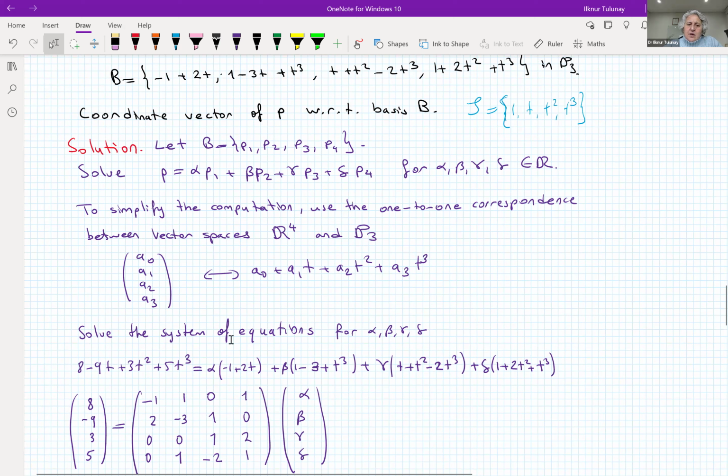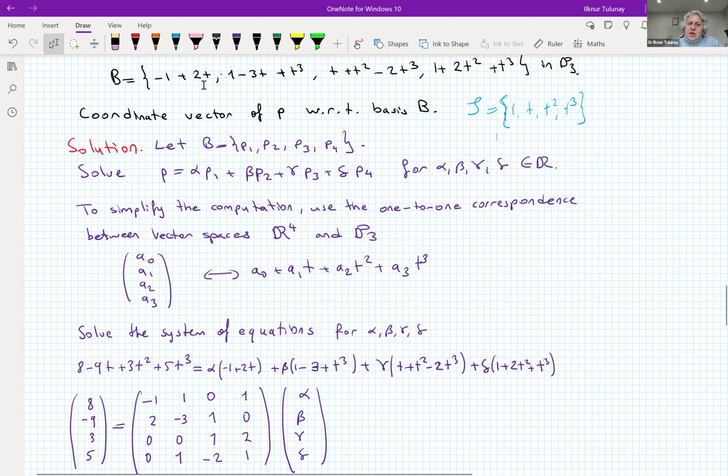Here, this polynomial will be 0, then the coefficient of t squared, and the coefficient of t cubed, which is -2. Here we have the constant term 1, coefficient of t is 0, coefficient of t squared is 2, coefficient of t cubed is 1.